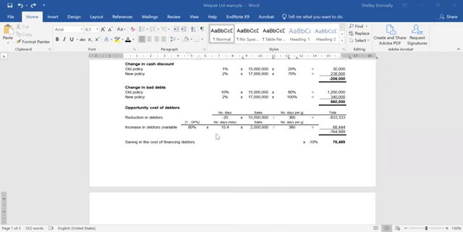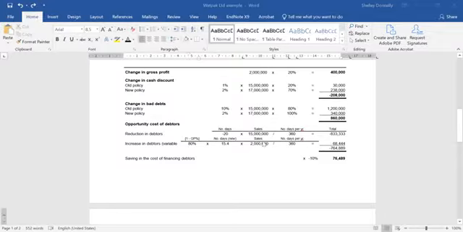But they're also going to be incurring debtors on their new sales. So it's 2 million extra sales with an ACP of 15.4 days. In other words, on average they're going to collect on an additional 2 million of sales in 15.4 days, so put it over 360.